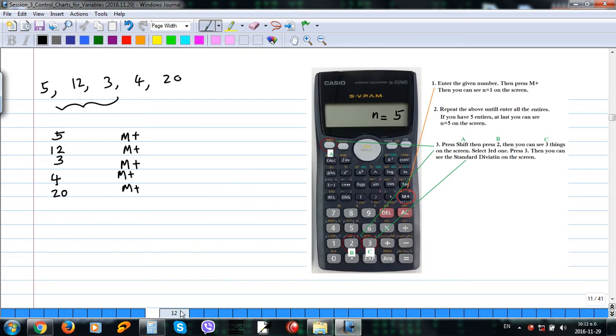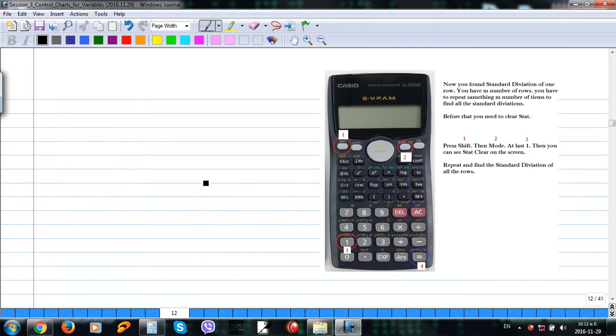The next step: now you have entered the data, you have to find the standard deviation. To find it, follow these steps. Press shift.